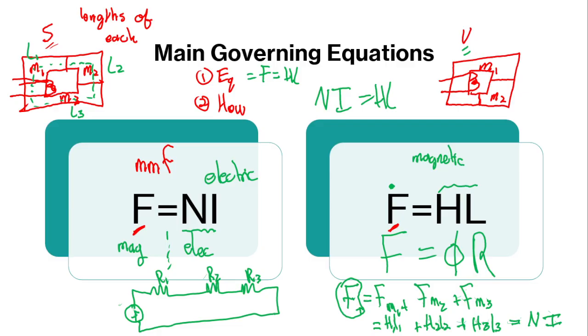Each one of them has different areas, right? We assume it's symmetrical, all the cross-sectional areas are the same. In this case, all of the areas are the same, but there are still different materials. So you're looking for the flux density. Would it be different going through each, or would it be the same?